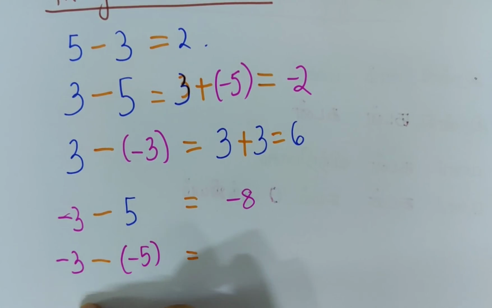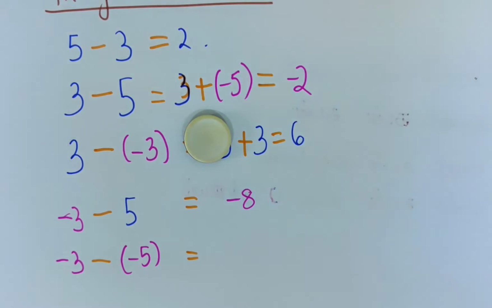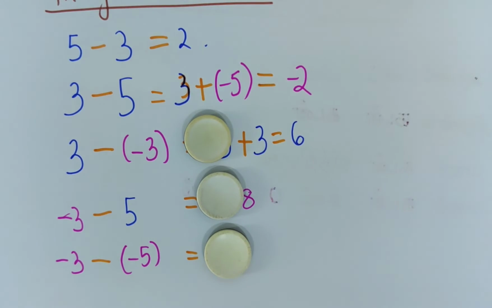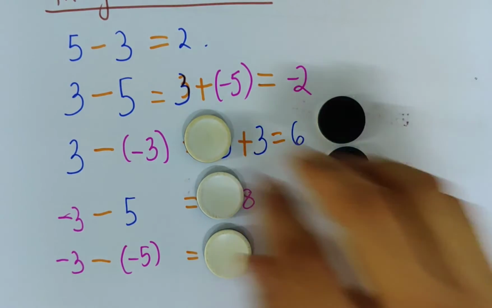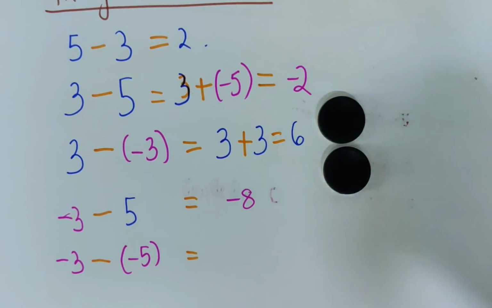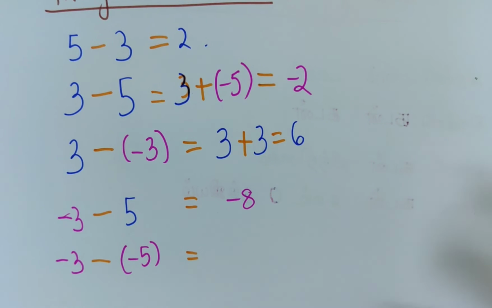So again, in this case, you can start with 3 and you can say, alright, this is negative 3, I want to remove negative 5, it's not there, so I need to add 2 zeros. And the result becomes positive. But you have to derive a rule out of it. And so the rule you can derive out of it is basically that it becomes a positive number.